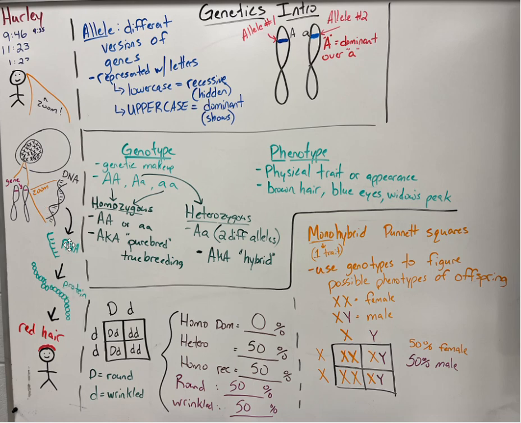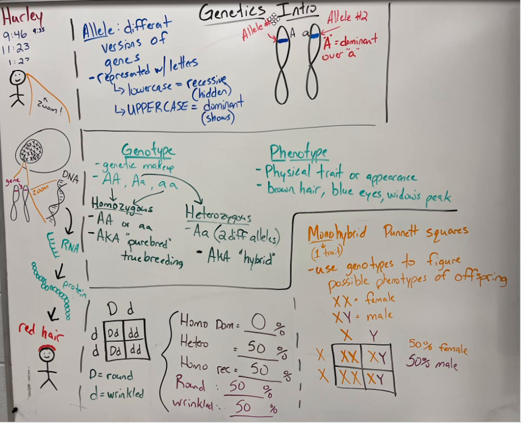So we've got transcription happening, and then translation happening, and then that protein is further worked on in the cell, and eventually it works its way into an expression of that gene, which would be red hair. So this person's red hair is determined by the protein that is made, which is determined by the RNA that is copied from that section of DNA, which is found in a chromosome, which is found in the nucleus of a cell, which is found in every living cell in your body, just about.